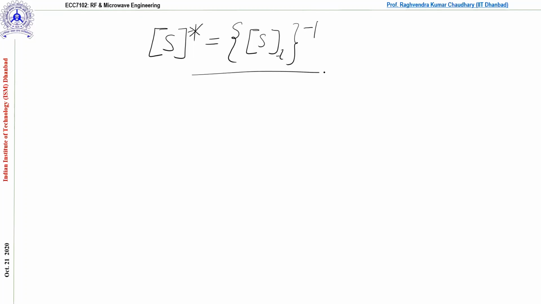Fine. So this T stands for transpose. So this is actually the definition of the unitary matrix.